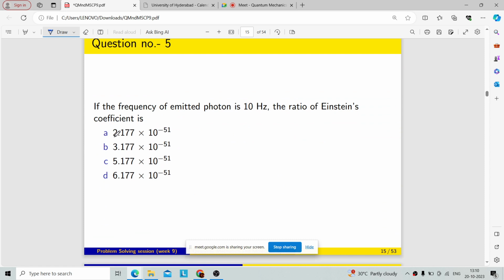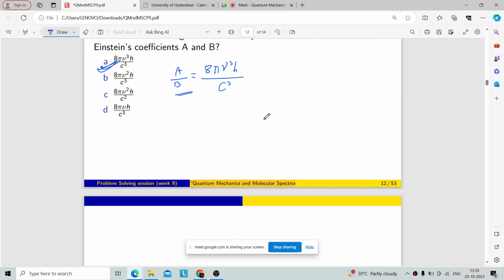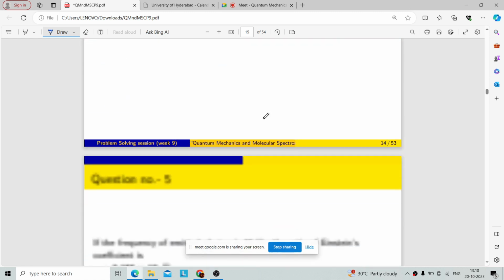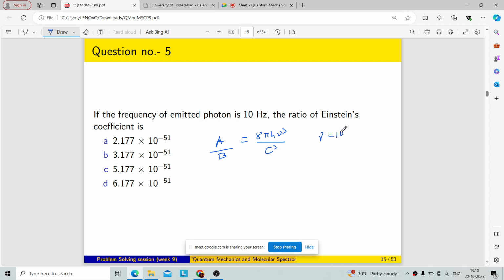So the ratio of Einstein coefficient A over B will give us 8 pi h nu cube over c cube. So nu is given as 10 Hz, or 10 second inverse.